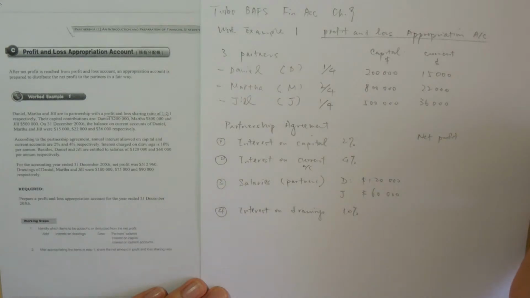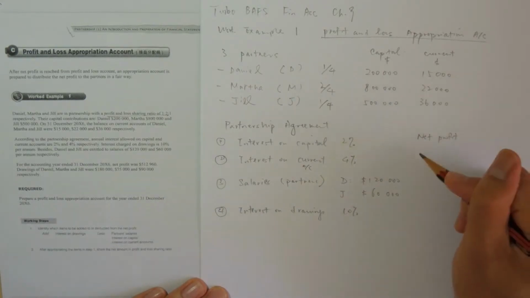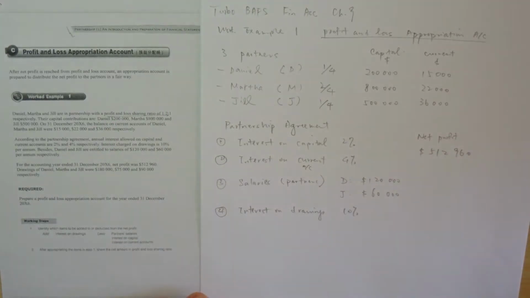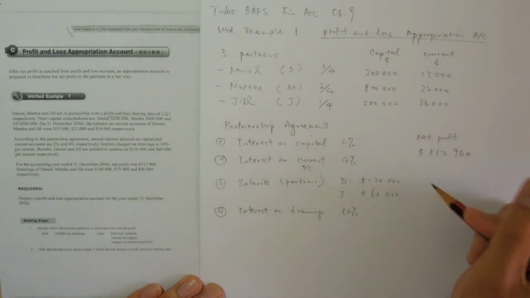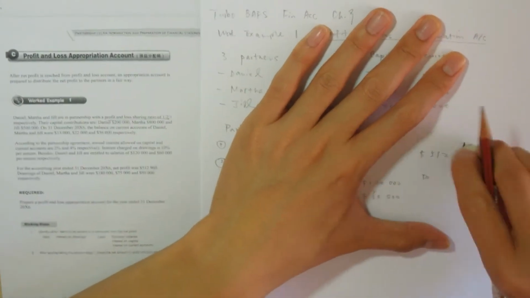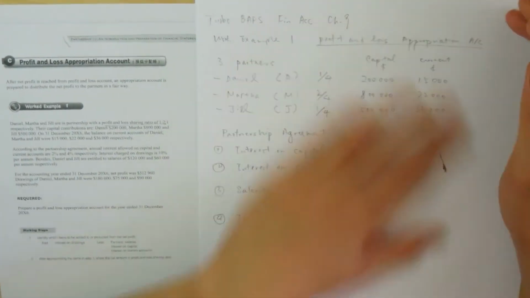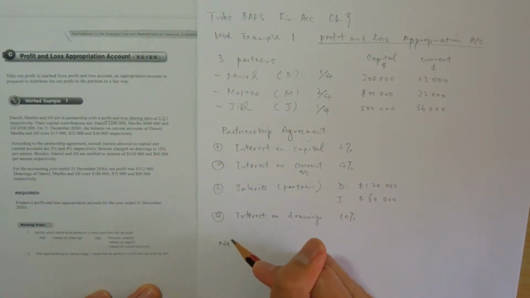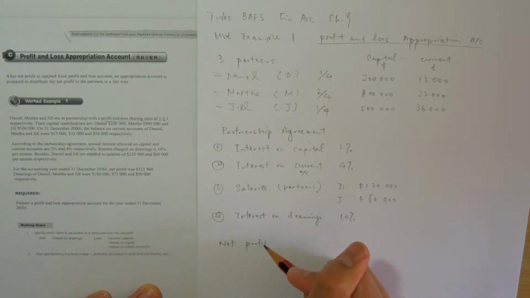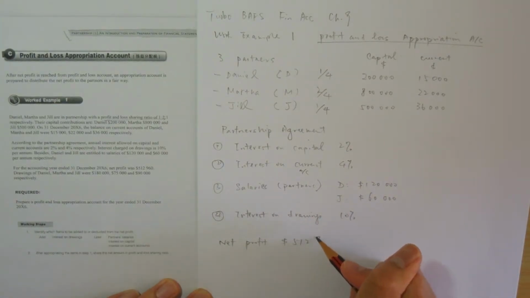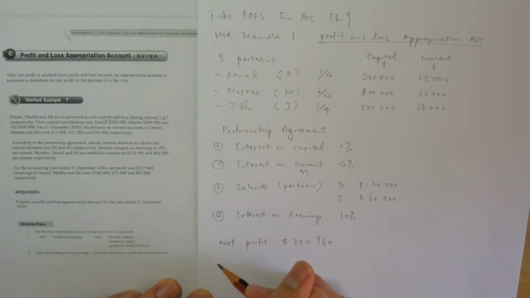And the net profit is 5126960, and the last one you have the information is the drawing.